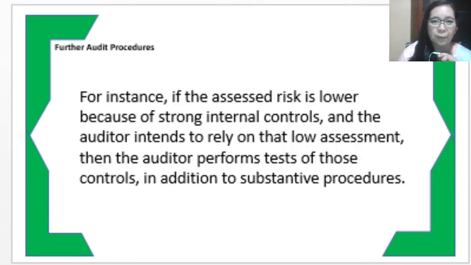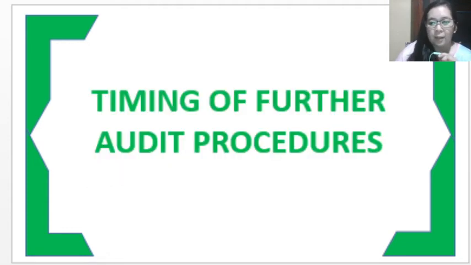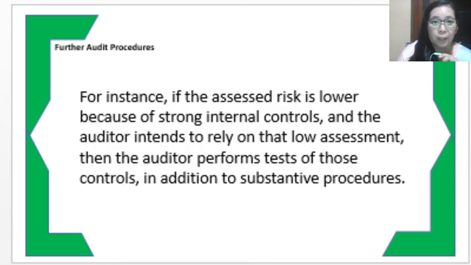For instance, if the assessed risk is lower because the internal controls are strong, the auditor will rely on that low assessment. Then he will perform test of those controls because, again, they are operating effectively, in addition to substantive procedures which are less, and the auditor can perform these substantive procedures at interim dates.